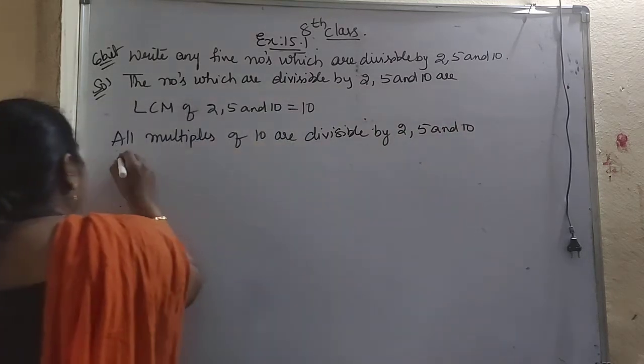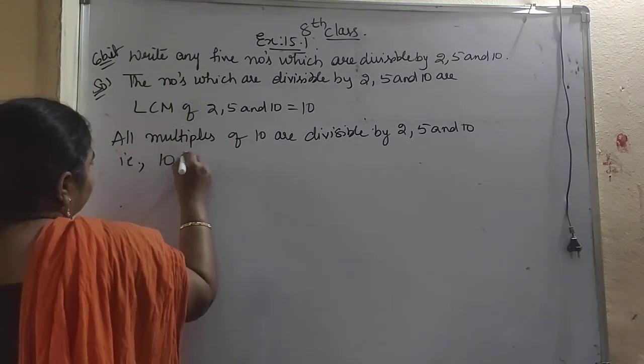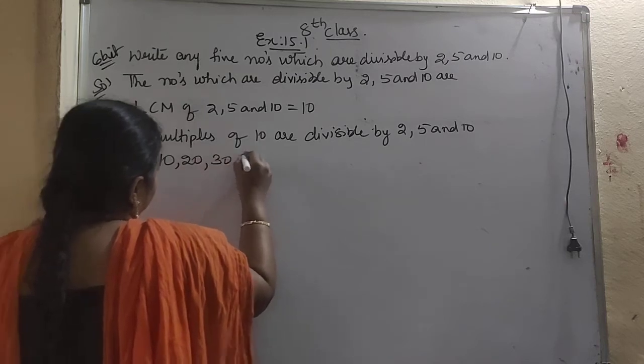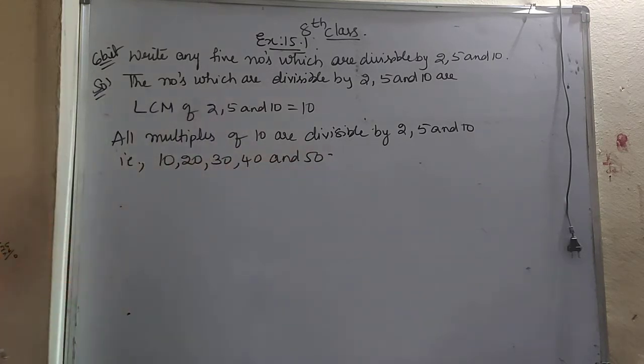They told us to write 5 numbers, so I am taking 10, 20, 30, 40 and 50. So these are the 5 numbers which are divisible by 2, 5 and 10.